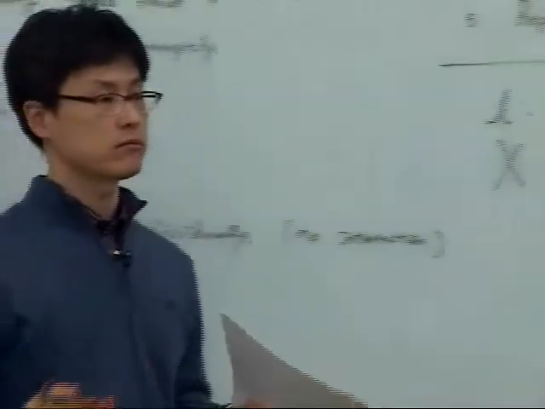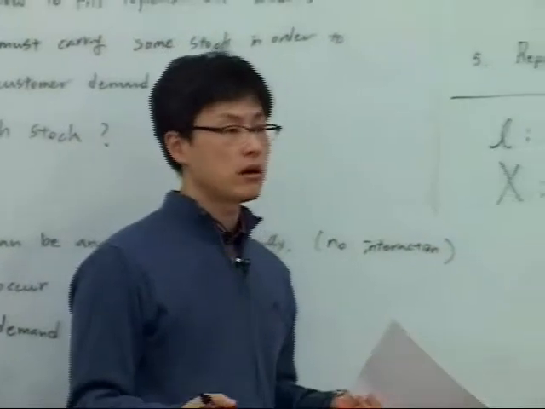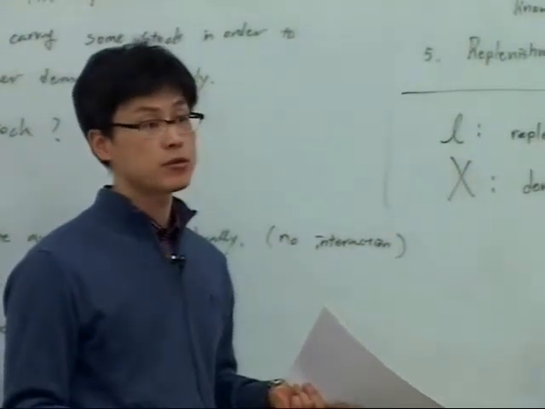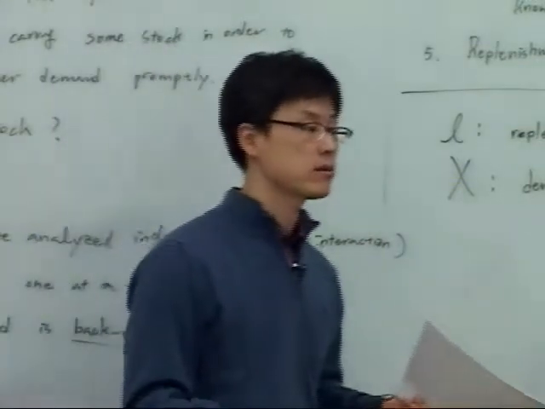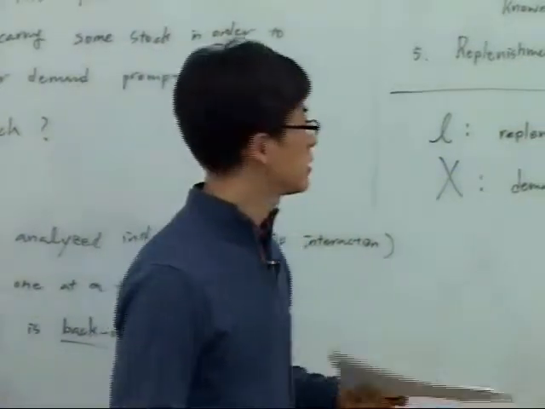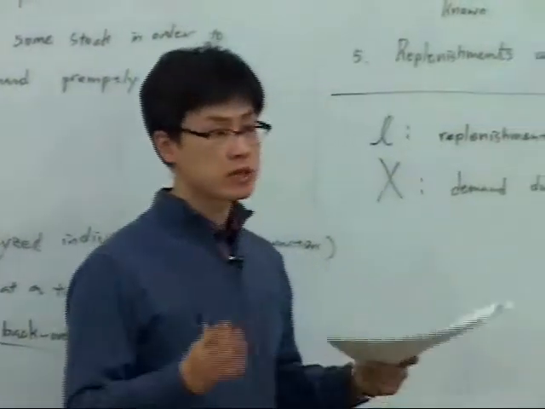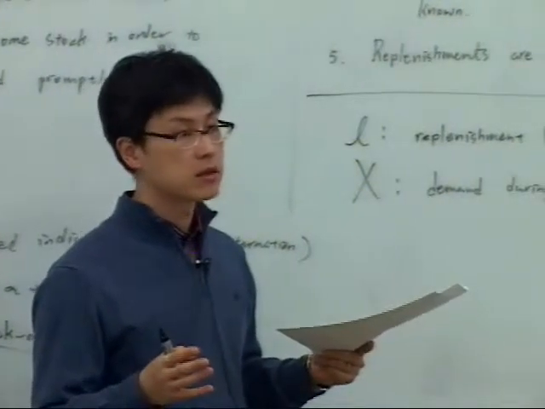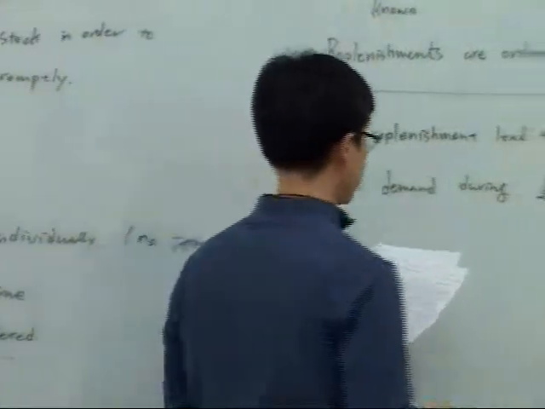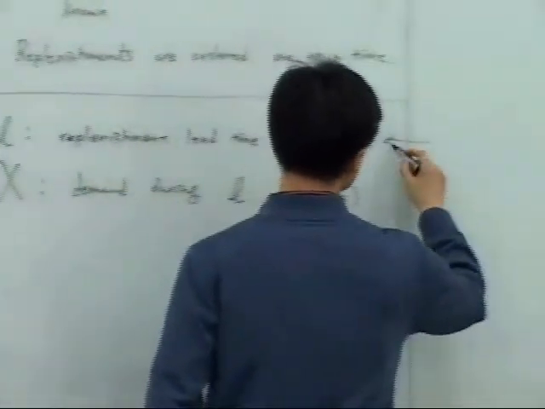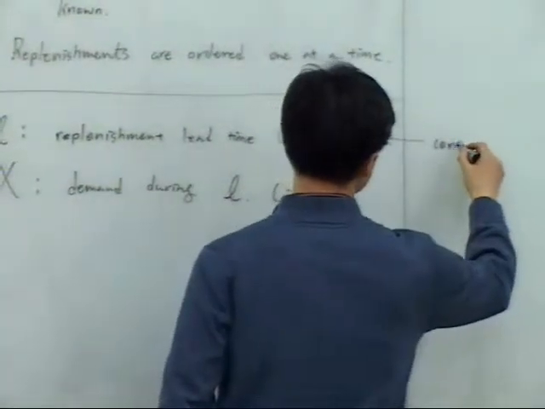For example, it takes about 15 days to get the replenishment order of some TV set. Then X is the demand during these 15 days. And as we assume, this L is constant.